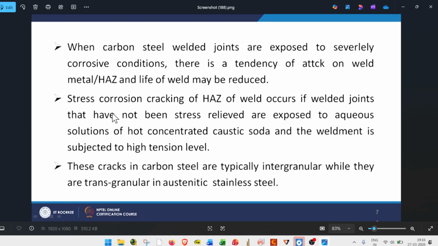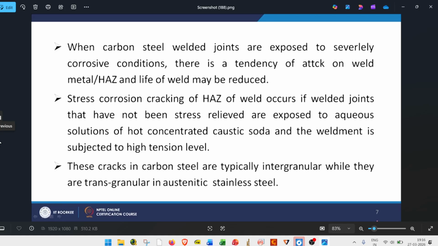Okay, so stress corrosion cracking of the HAZ of the weld occurs if weld joints that have not been stress relieved are exposed to an aqueous solution of hot concentrated caustic soda, and the weld metal is subjected to a high tension level. Those cracks in carbon steels are typically intergranular, while they are transgranular in austenitic stainless steel.